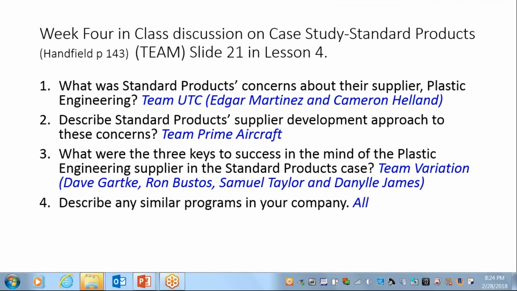Team UTC, you had the first question. Does somebody on your team want to try and tackle that? What was Standard Products' concern? From what I remember reading, it was talking about how Plastic Engineering had several quality issues, and that they had more material than necessary.